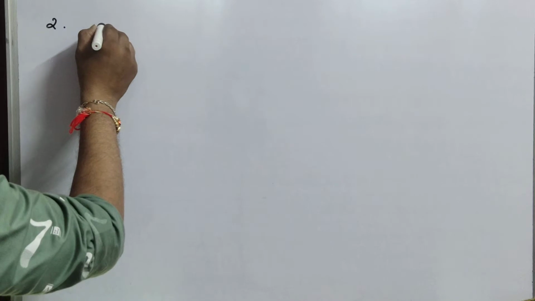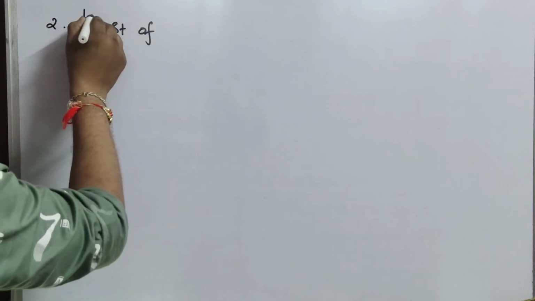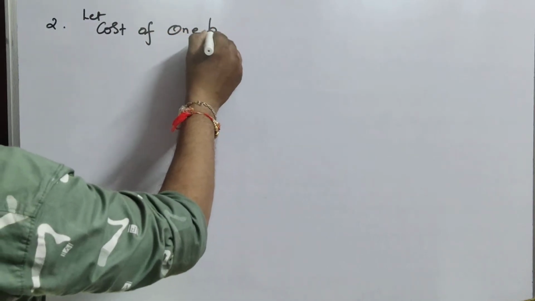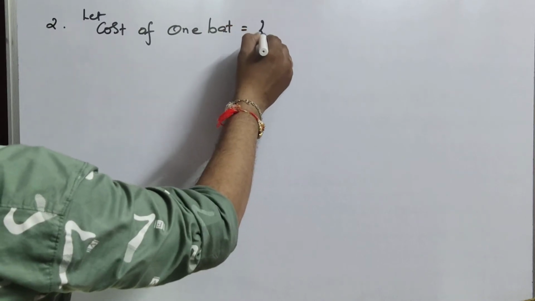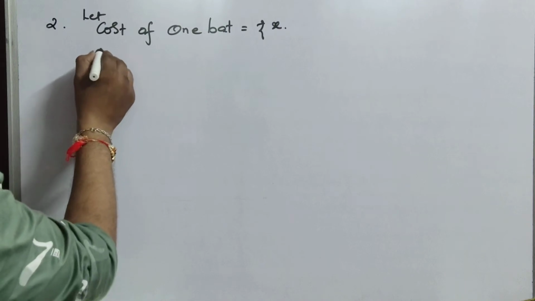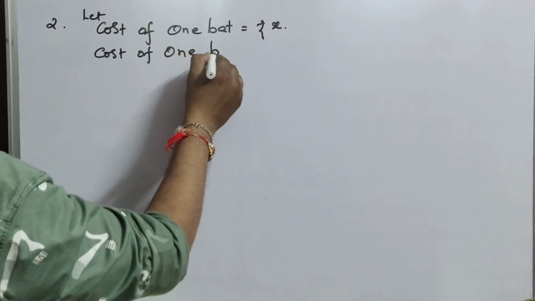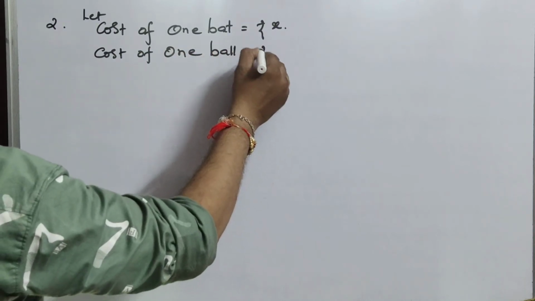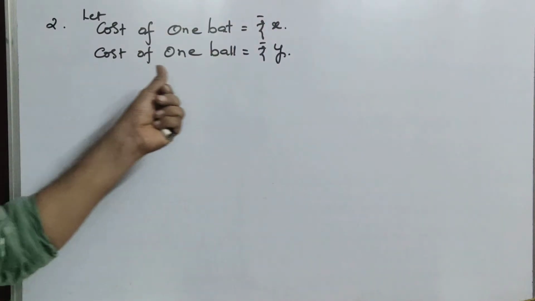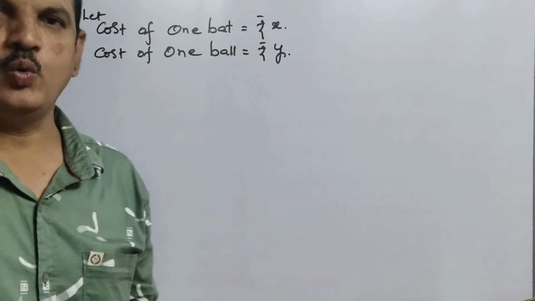Let the cost of 1 bat equal X rupees, and the cost of 1 ball equal Y rupees. So there are two different things, bat and ball. So bat we consider as X and ball we consider as Y.